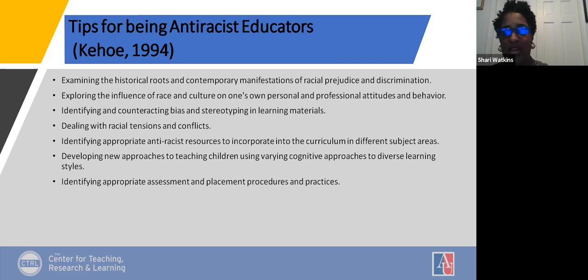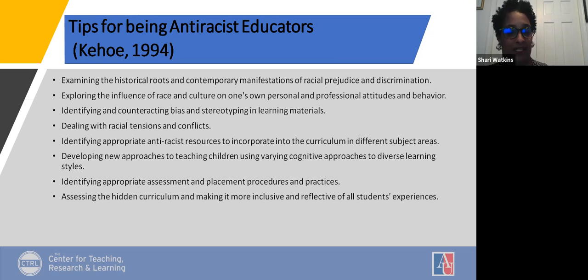The next strategy, identifying appropriate assessment and placement procedures and practices. So again, this requires us to think about the alignment of our assessment with the inclusive and anti-racist policies that we have for our classroom, for our departments, and for our colleges, right?